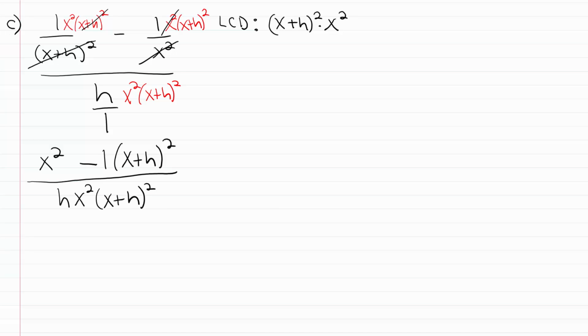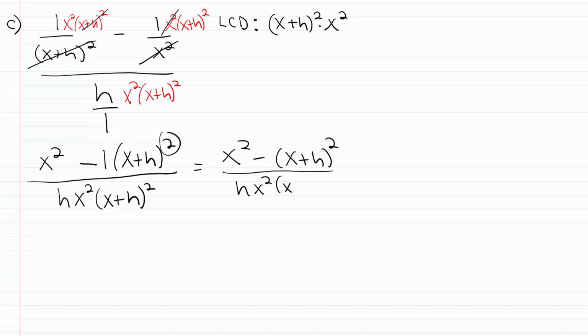All right, for this one, you might be tempted to expand out this squared binomial here. But I would argue that that's a squared term. In other words, if I rewrote that as simply x squared minus parenthesis x plus h quantity squared, you might notice more clearly that that's a difference of two things that are squared.